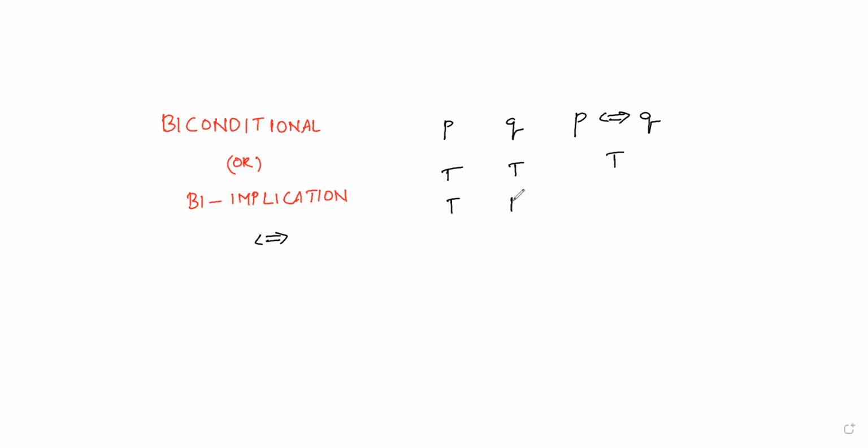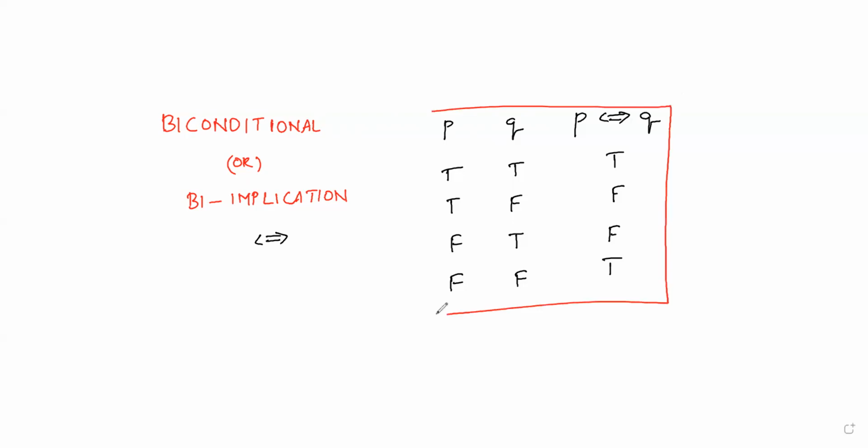P is T, true, and Q is F, so false implicating truth is false. Similarly, false implicating truth is also false. But if false implicates false, then it will be true. So if both are the same, you get true. If one is different, you get false. This is for the biconditional statement, sir. Clear? Yes, sir. Right. Next.